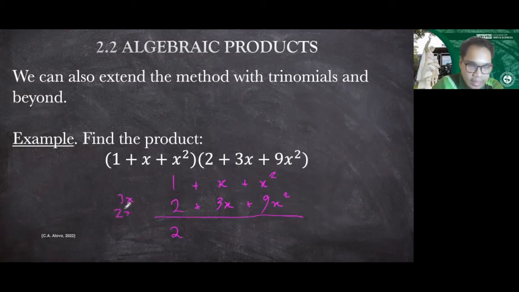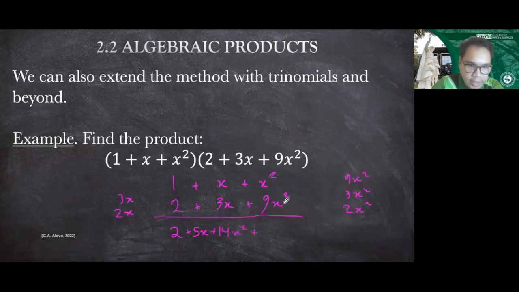So what we have is plus 5x. Now the crosswise method, which spans all the numbers, 1 times 9x squared is 9x squared. x times 3x is 3x squared. And x squared times 2 is 2x squared. So 9x squared plus 3x squared plus 2x squared, add the coefficients, that's going to give us 14x squared.